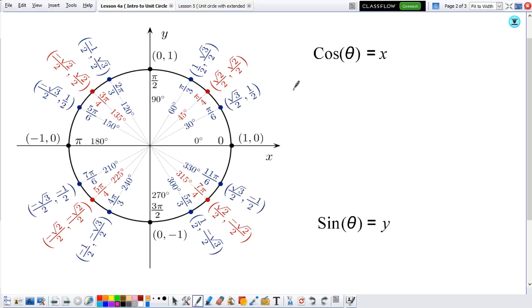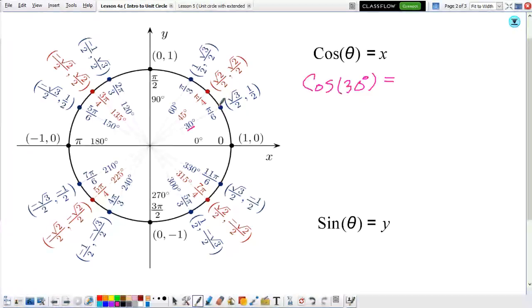Now, how do we find cosine values of any angle? Well, it's pretty straightforward. Let's choose any degree. Let's choose 30 degrees. How can we find the cosine of 30 degrees? We look at the angle of 30 degrees, which is right here.